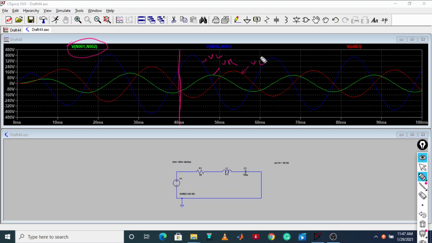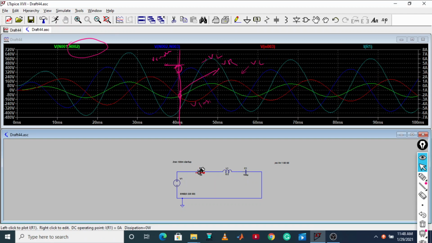Now if you see here, it is 0, it is some value and it is minimum. Which is leading? The voltage across the inductor is leading and the voltage across the capacitor is lagging, and this is the voltage across your resistance. Now if I plot the current, this is your current.